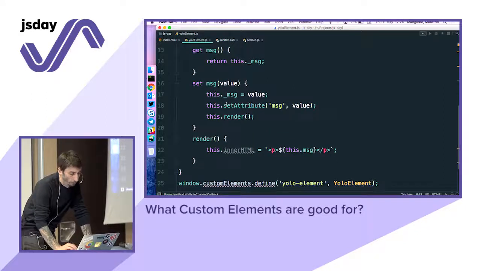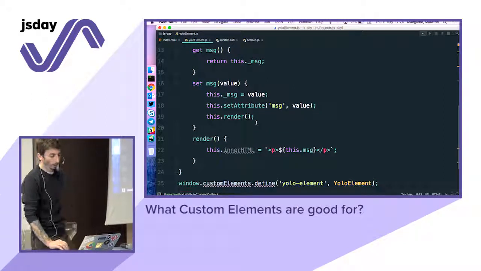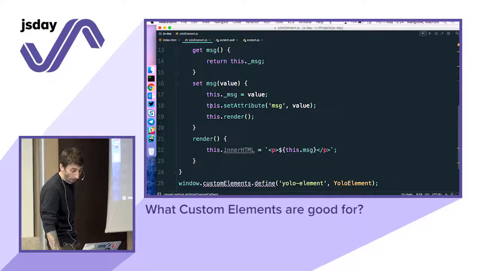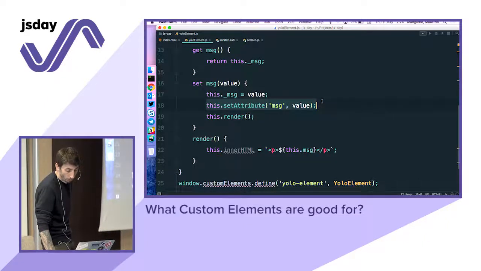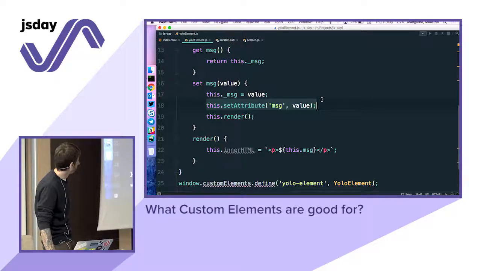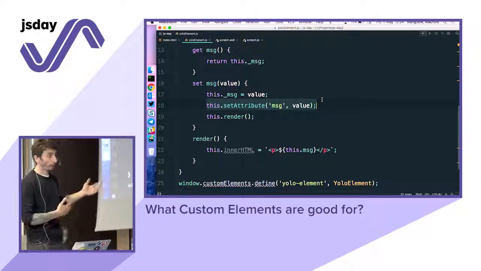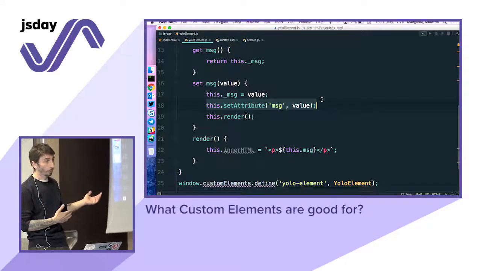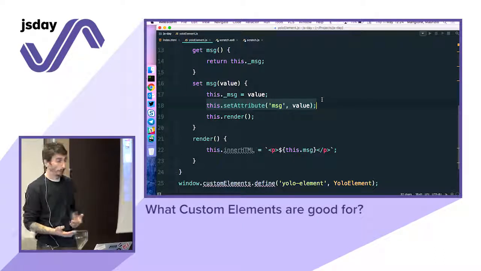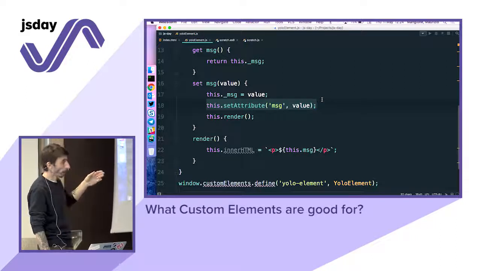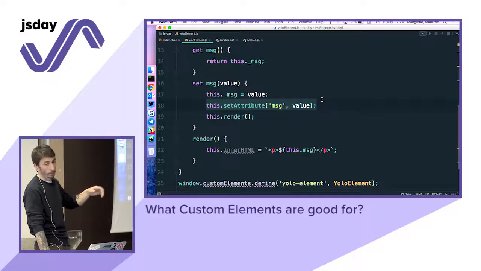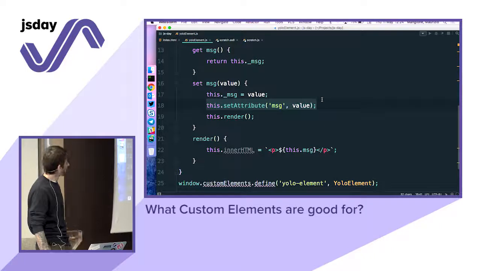So this is my setter, and in this case the thing I do is also to reflect, because I can change the value of my attributes also via properties. So I can just select the tag and dot msg and set a new value.